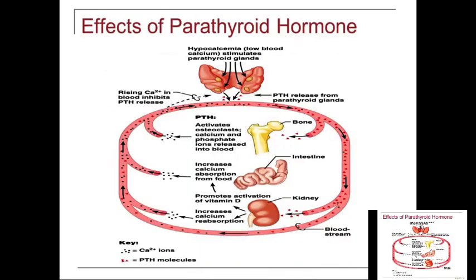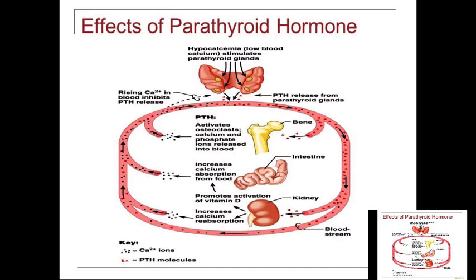Let's look at how they function here. On the right-hand side, PTH is released from the parathyroid gland. You can see right in the center, PTH is acting on the bone, the intestines, and the kidneys. Parathyroid hormone's primary function is to increase the amount of calcium in the blood.